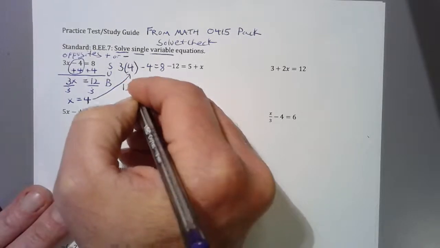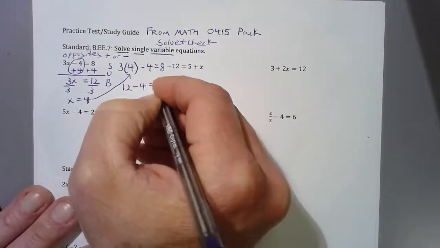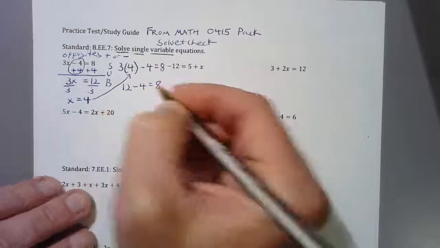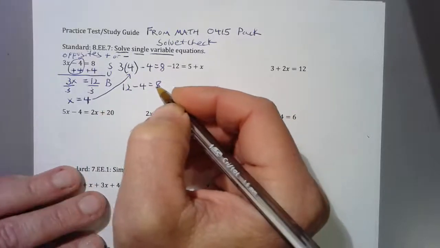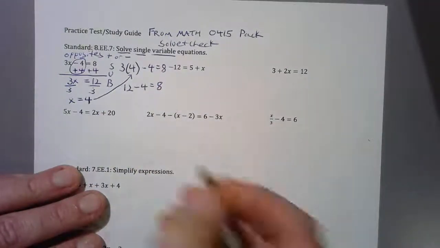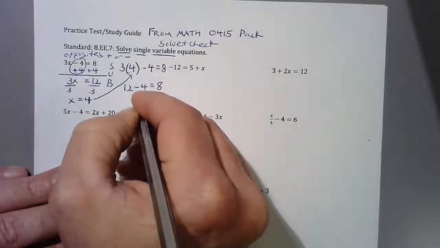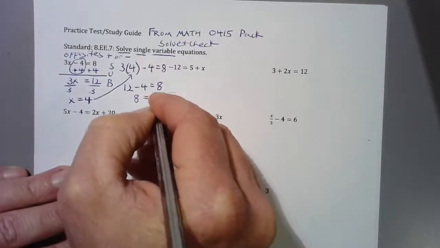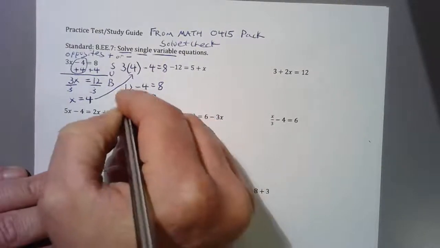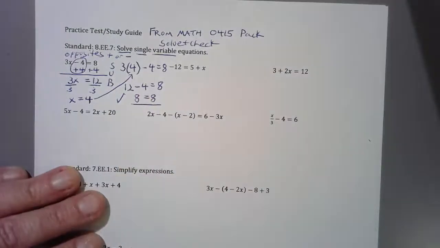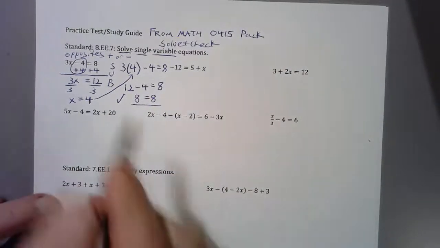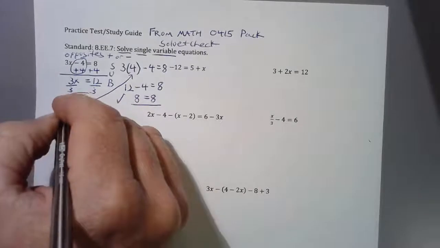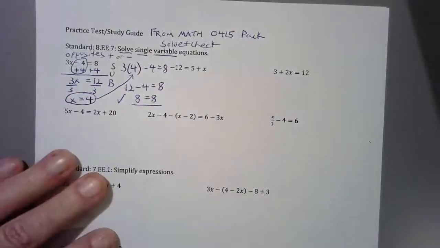Yes, 12 minus 4. At this point you're thinking in your head, oh, duh, and then you might stop. But don't stop until you have one term on each side and they're the same. When they're the same, that proves that your solution is correct.